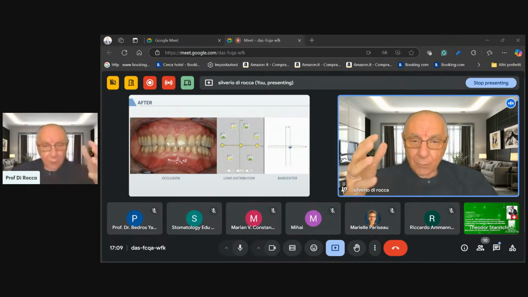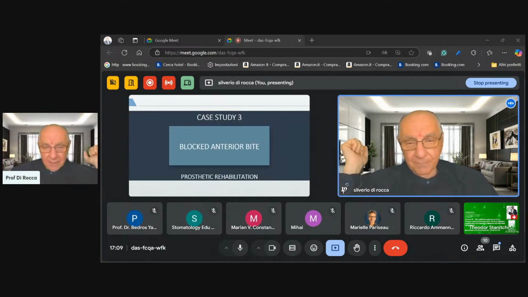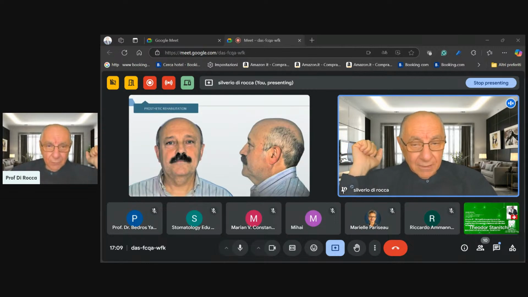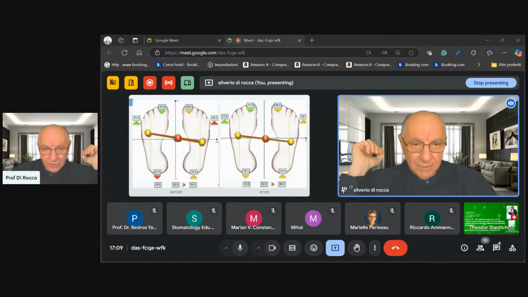That's why we measure if our vertical dimension is not affecting the body. Another patient with also the vertical dimension loss, bruxism, a long time bruxism, and then the kilos.